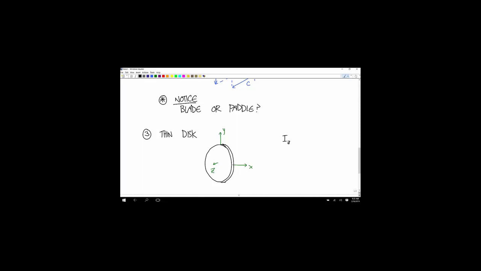Okay, so any kind of rolling problem or a gear type problem, we're dealing with a rotation about Z. This is 1/2 m r squared. R is the radius of this disk.